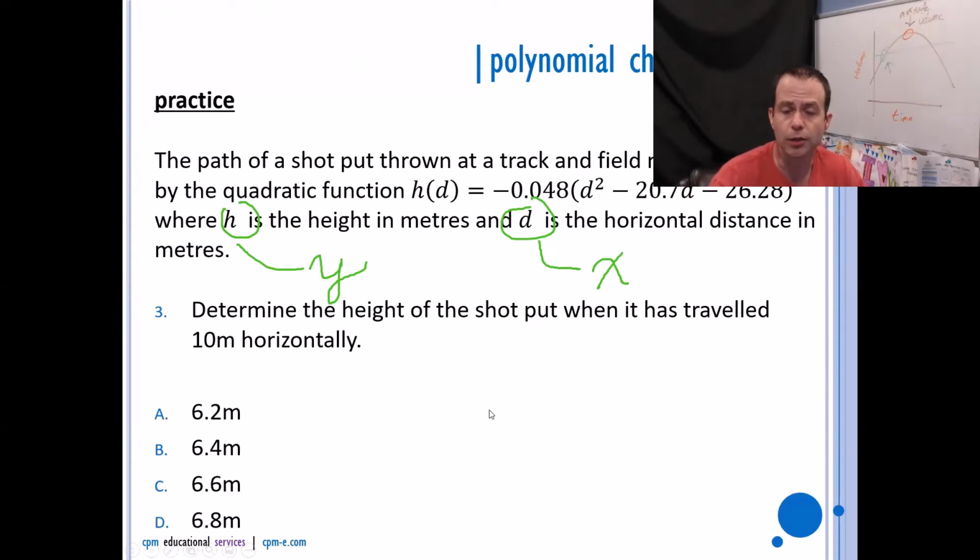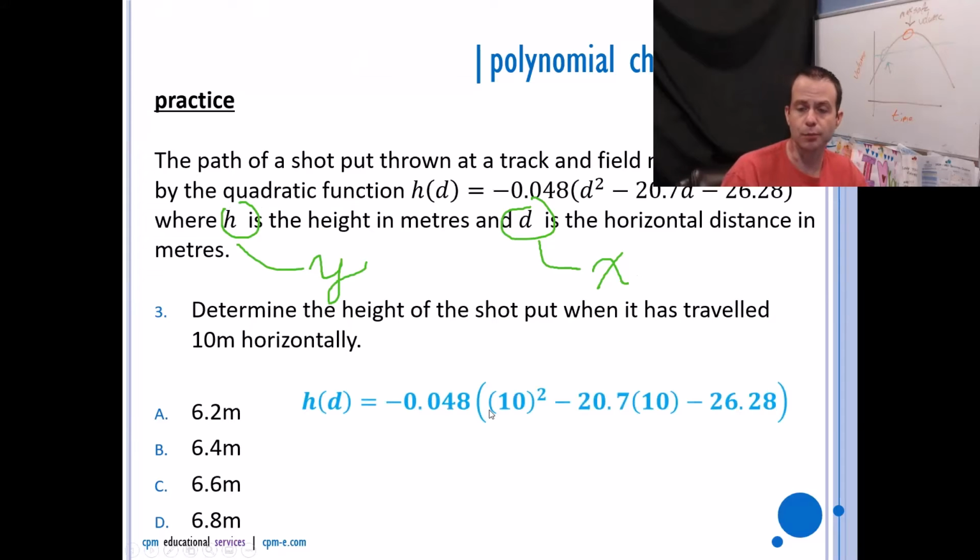We could just use our calculator and type it in to the regular portion of our calculator, or we could graph it. It totally doesn't matter. It's just going to be negative 0.048 bracket 10 squared minus 20.7 times 10 minus 26.28. And when I do that, I should get 6.4 when rounded to the nearest tenth. Okay, 6.4.